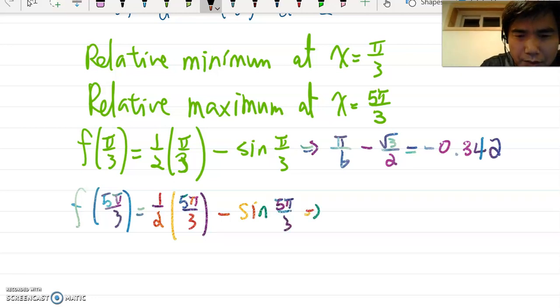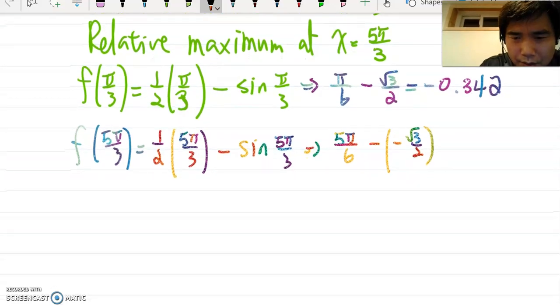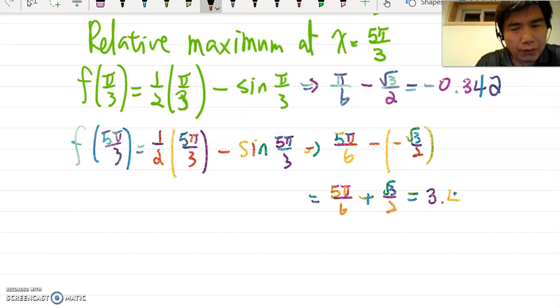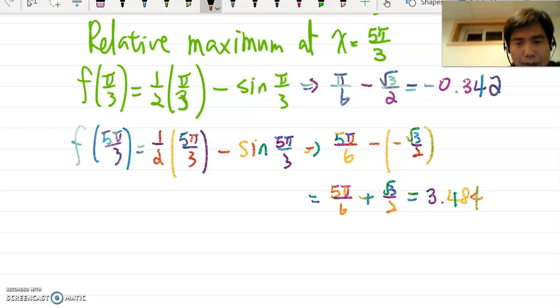Therefore, this becomes 5 pi over 6 minus negative root 3 over 2. It means 5 pi over 6 plus root 3 over 2. If you calculate that, you'll get 3.484.